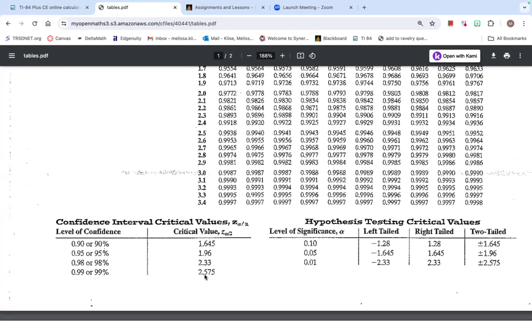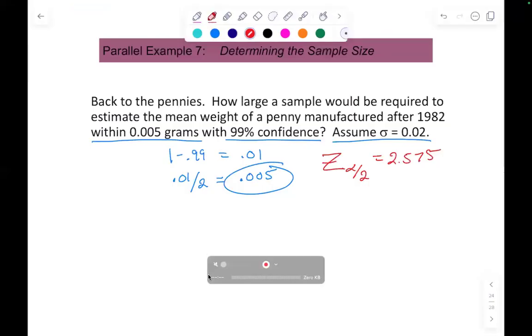So that's my Z. I'm writing it down. Since it's already there, or you can use your inverse norm, but it gave it to me, 2.575. All right. So I have my Z-score.